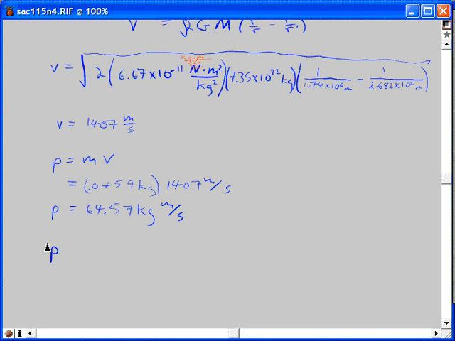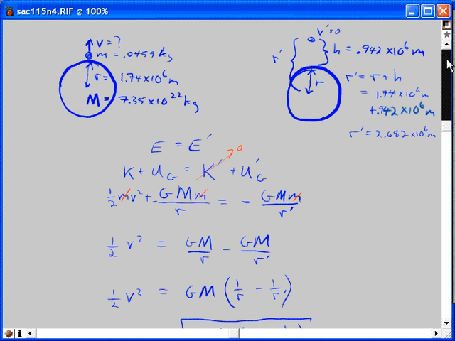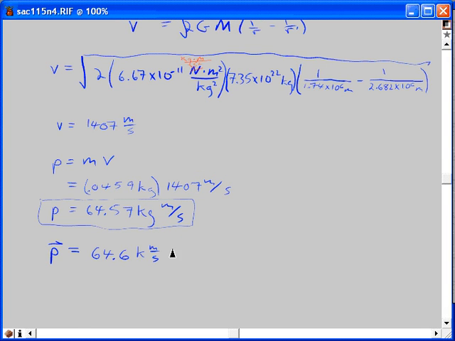Call it the momentum vector, which is what I'm looking for. That's how much momentum, so it's probably okay to give the magnitude, but certainly alright to give as the final answer the magnitude and direction of the momentum that you have to give the golf ball in order to make it leave the surface of the moon and rise up to a height of 0.942 times 10 to the 6 meters above the surface.